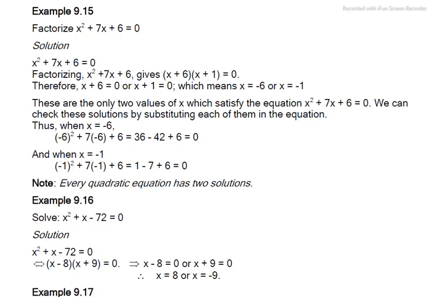Then these two brackets are the ones we are going to equate to 0. We equate each bracket to 0 to find the values of x. And these values of x will be the ones that satisfy the equation, and that can also be checked by substituting for x.